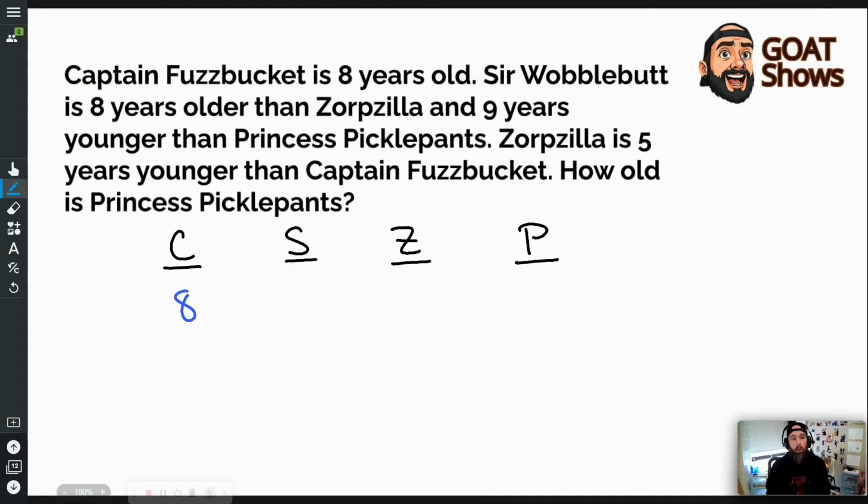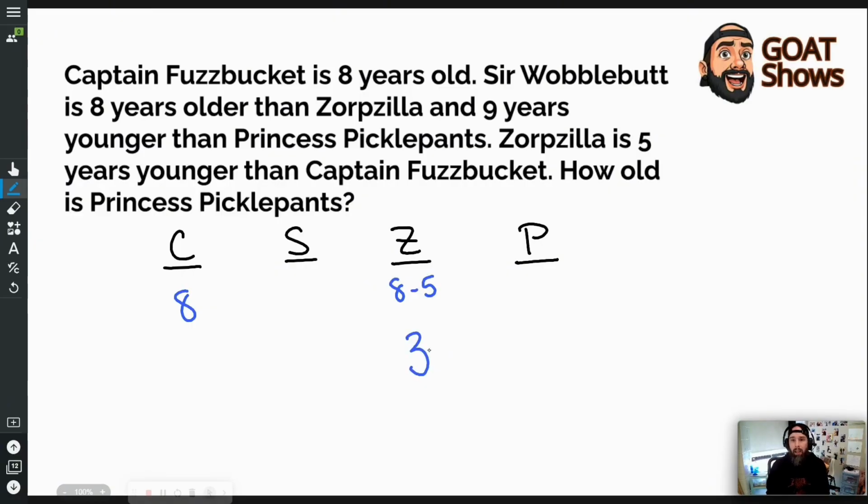Not right now. 9 years younger than Princess Picklepants. That also doesn't help us. So we're going to leave that blank for now because all I know is Captain Fuzzbucket. But Zorpzilla is 5 years younger than Captain Fuzzbucket. So Zorpzilla is 8 minus 5, which makes Zorpzilla 3.